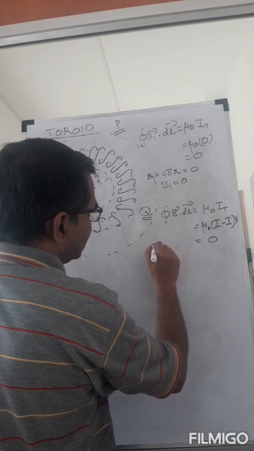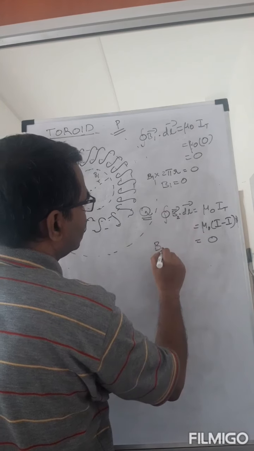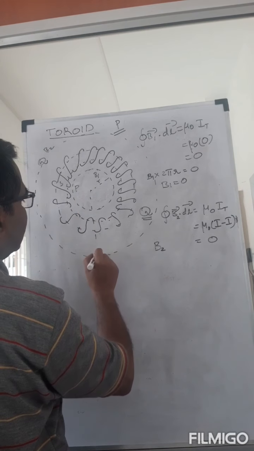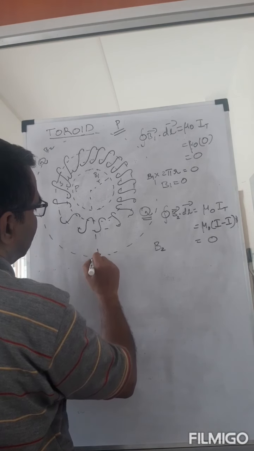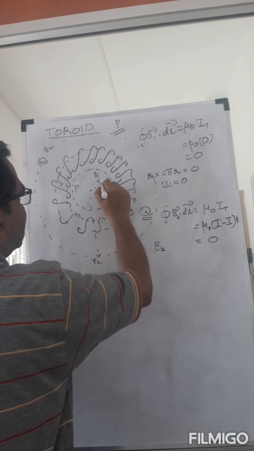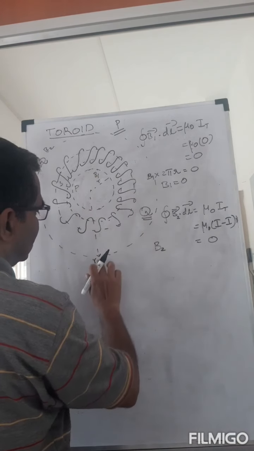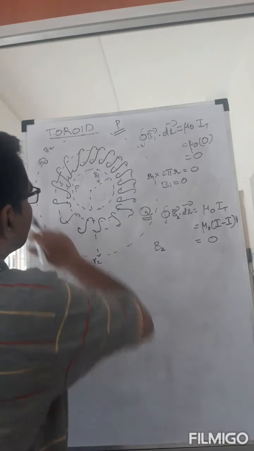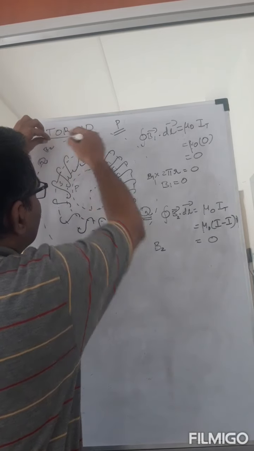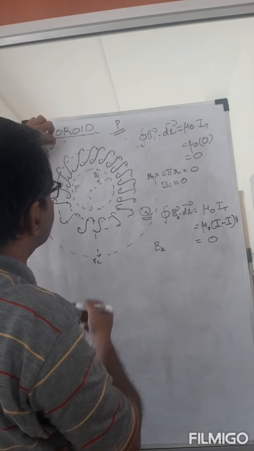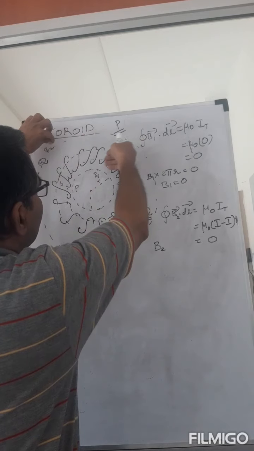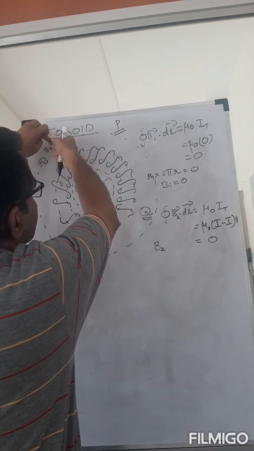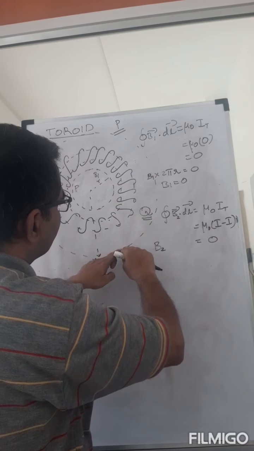I'll call this B2, and let's say this is this radius. Again, I'll call this R2. That's R1. I think you can understand this. Because of symmetry again, see this point, all these currents will produce a magnetic field in the same way as they would for another point here.